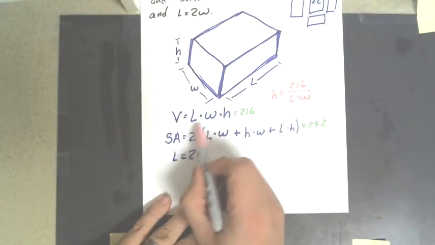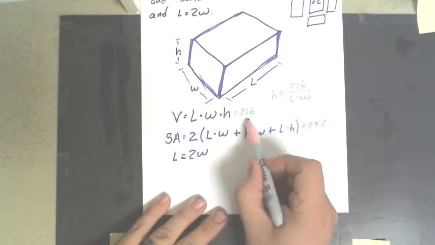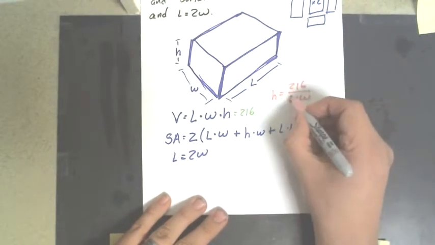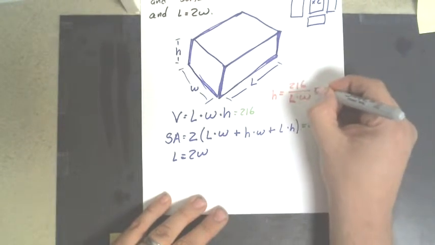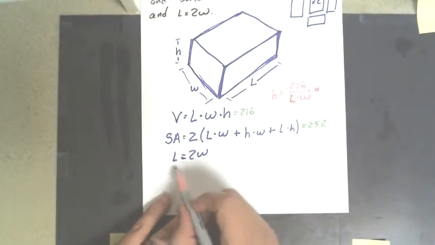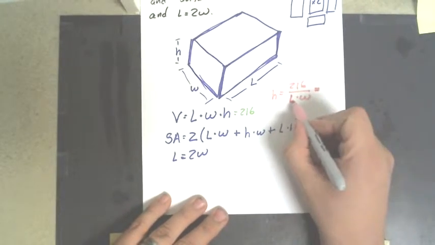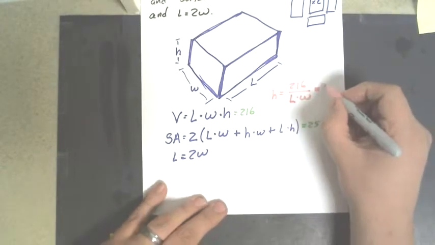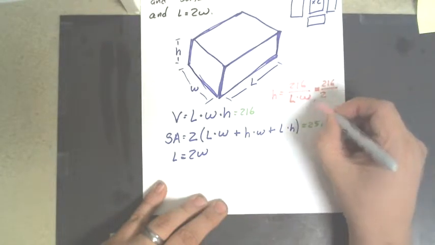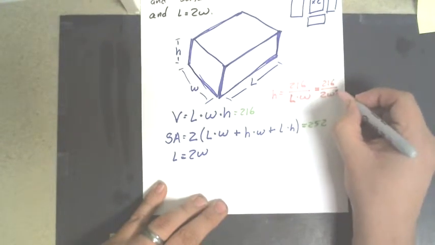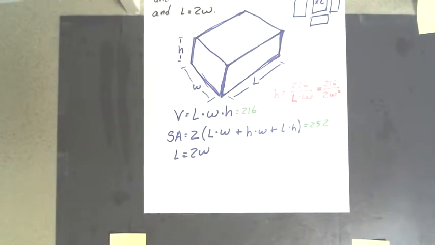I'm just dividing the length and width off from the 216. That's our height. Furthermore, since the length is equal to 2w, where this length is, we can replace it with a 2w. So we even have 216 over 2w times w, so 2w squared. Oh boy, I hope you can see that. Let me not use peach.